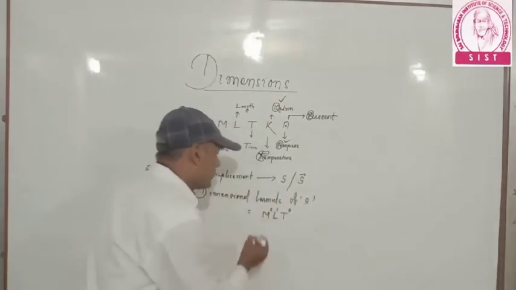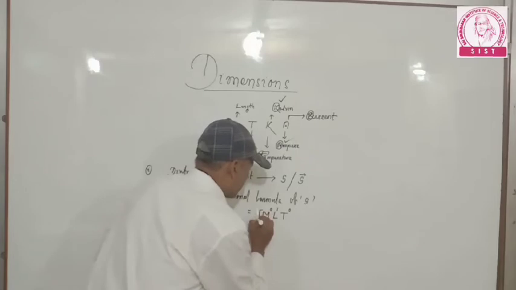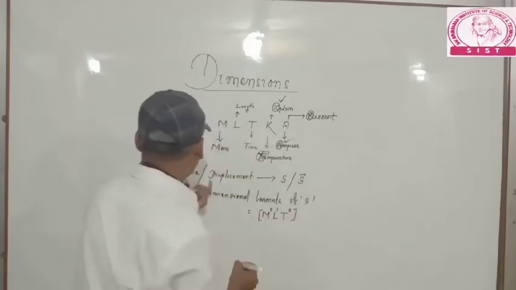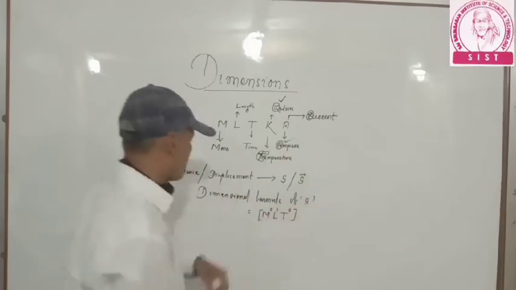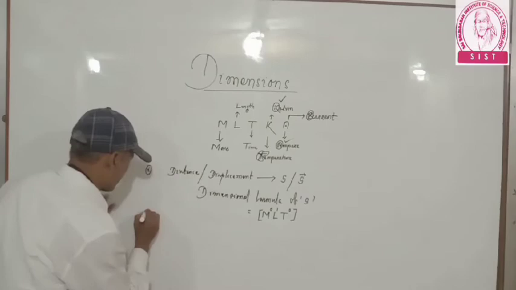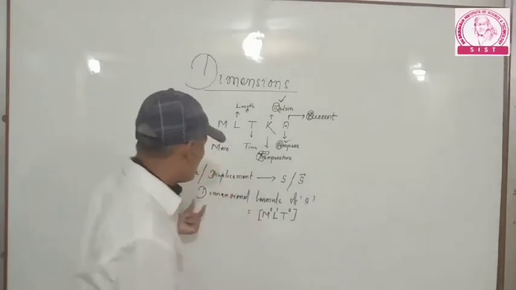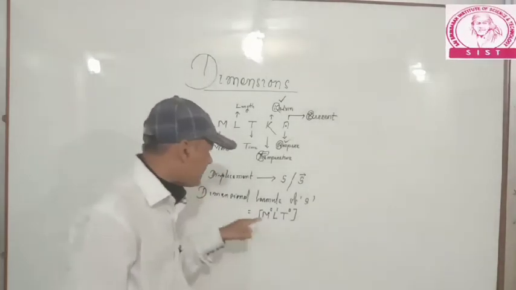So now it is m to the power 0, L to the power 1, T to the power 0. Okay. So what are its dimensions? What are the dimensions of distance and displacement? 0, 1, 0. If you are able to write the dimensional formula, then you are also able to find its dimensions.